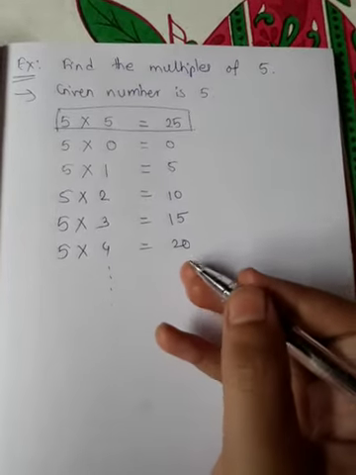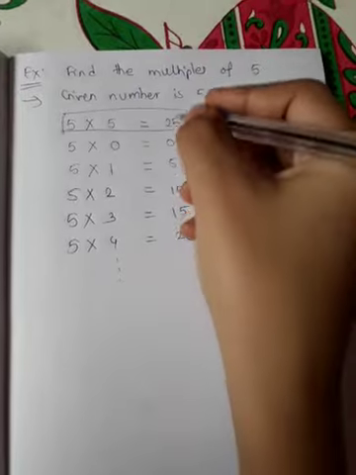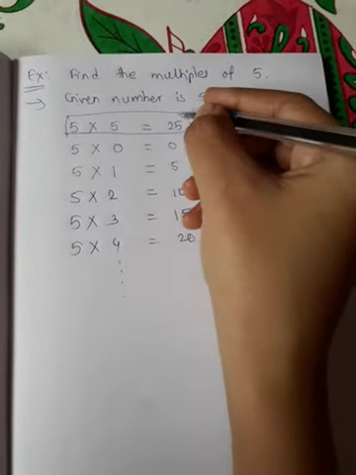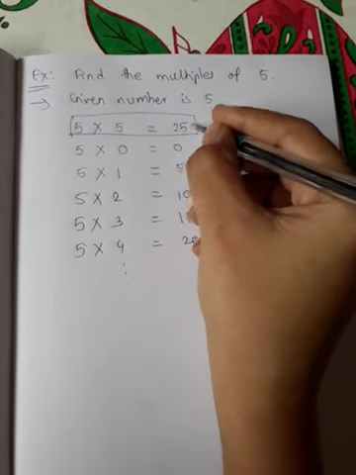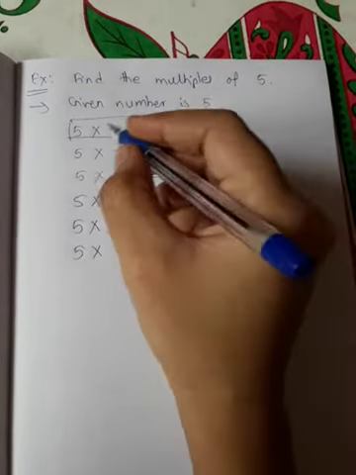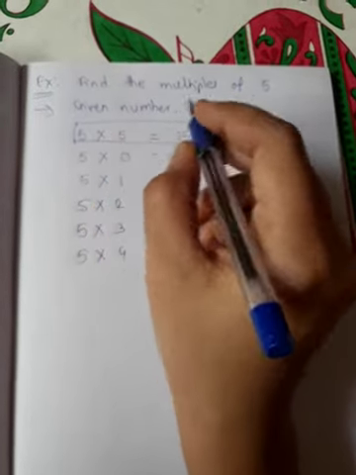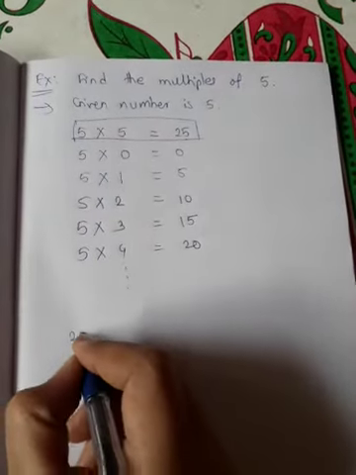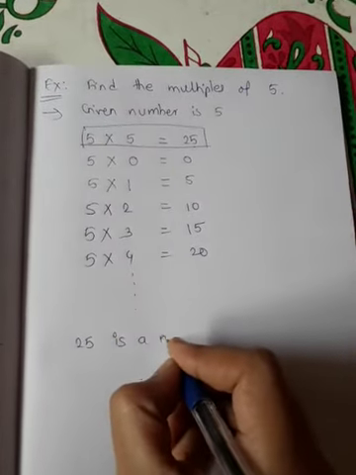If you want to find other multiples, then you can find them. Okay, so see, this is the product. 25 is the product obtained by multiplying the given number 5 by itself, 5. Okay, so we can write 25 is a multiple of 5.